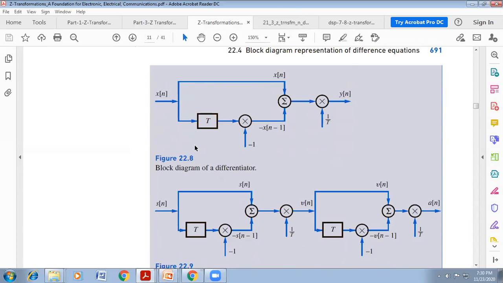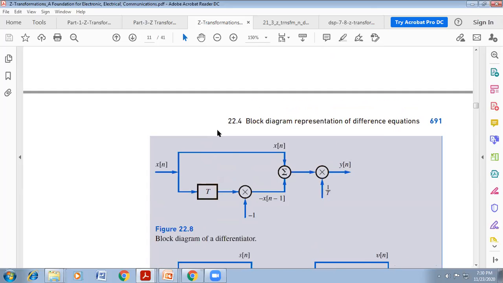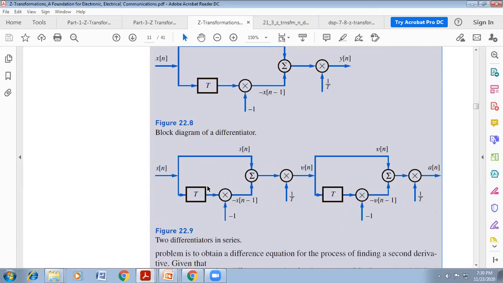So this will be the block diagram for the first difference equation, and this will be the block diagram for the second difference equation. That means Sn will be the input and A will be the output. Actually, A is used for acceleration.